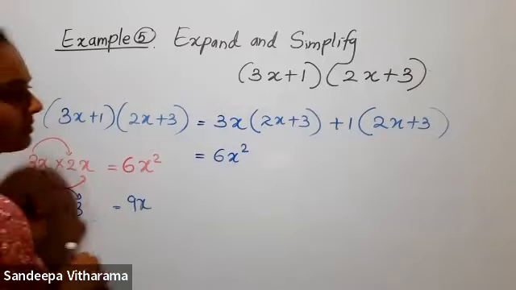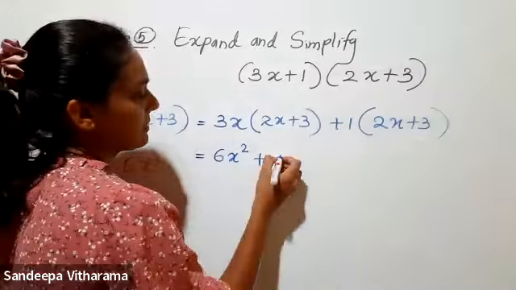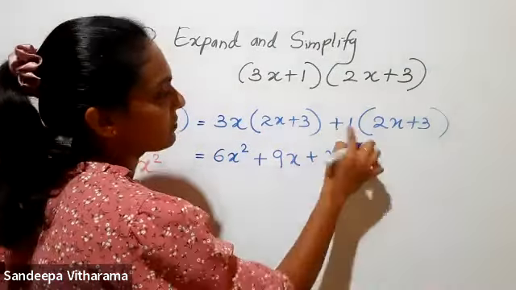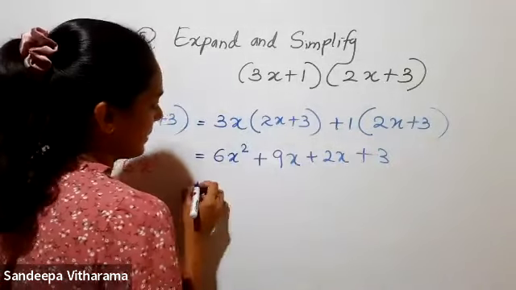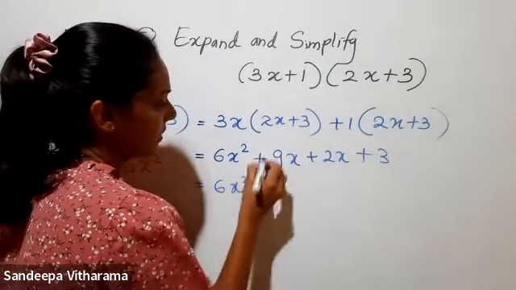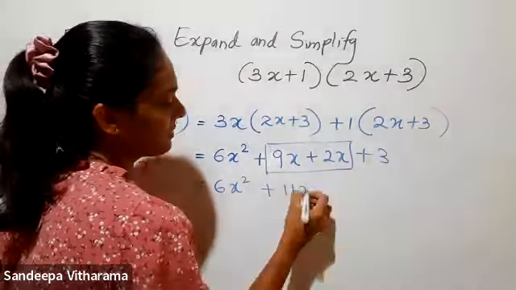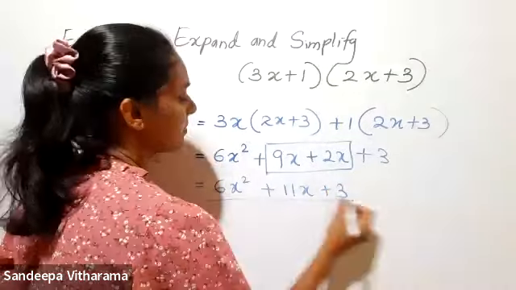Then write the algebraic term. It is 9x. Here 1 into 2x, it is 2x. 1 into 3, it is 3. In this case also, you have to simplify the middle terms. It is 11x added 3.